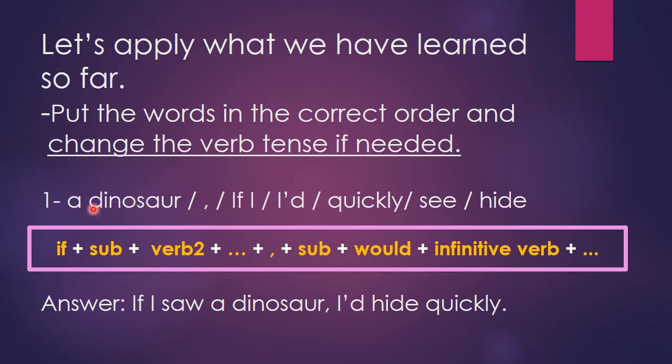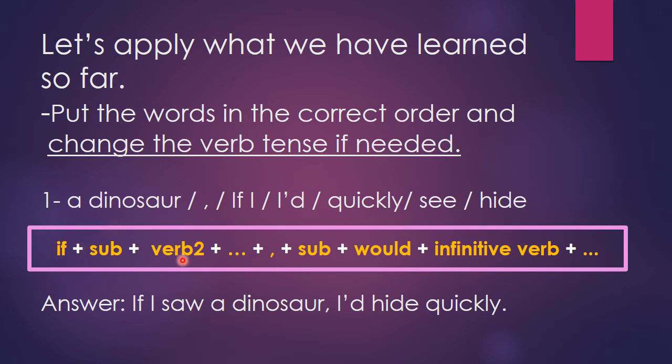So: a dinosaur, comma, if I, would, this is short for I would, quickly, see, hide. We need to work, as I always tell you, based on the form, the form that I have memorized.